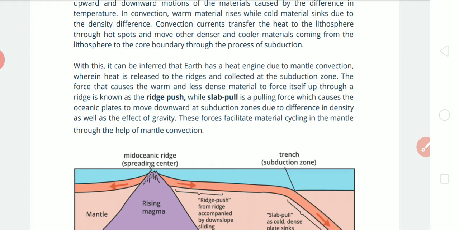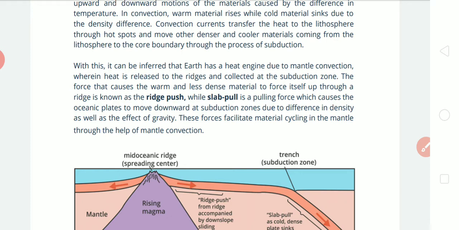So, ang force nga maoy hinungdan nganong ang mga warm and less dense materials or lighter materials magpataas or force itself up, mas mupataas ang direction, and that's because of the force known as ridge push.